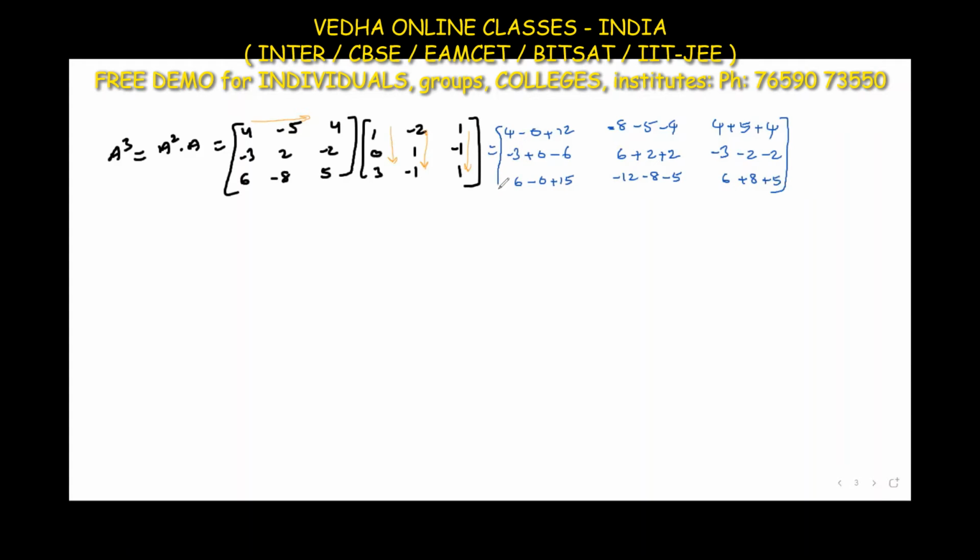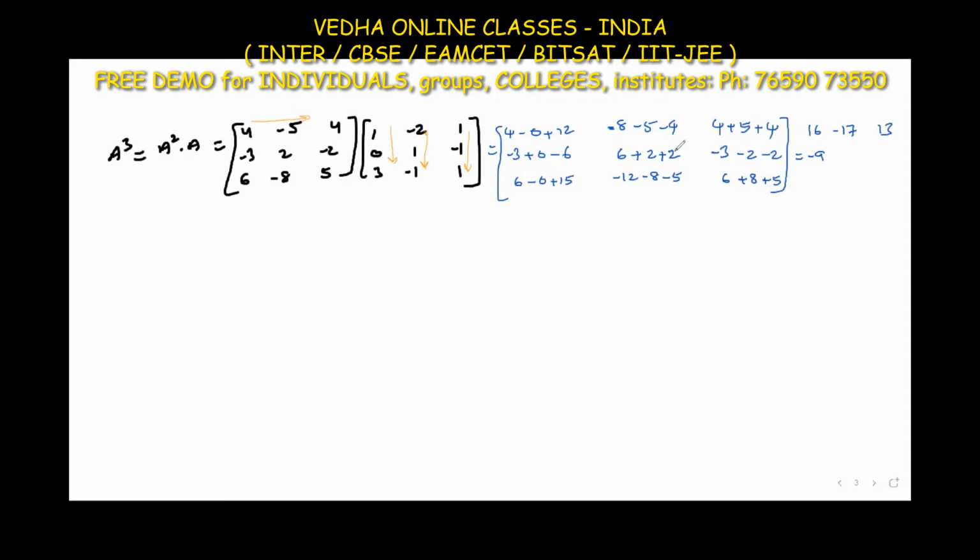So what do we get here? 4 and 12. What is 4 plus 12? That is 16. Next, minus 13, minus 17, and then here 9 and 13. Next, minus 9.